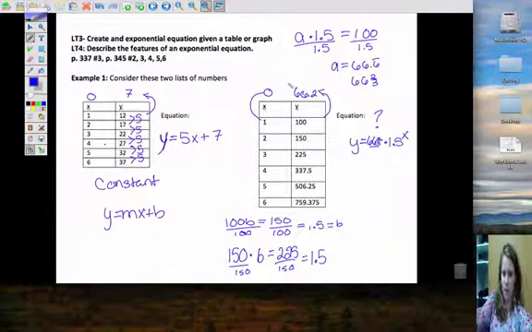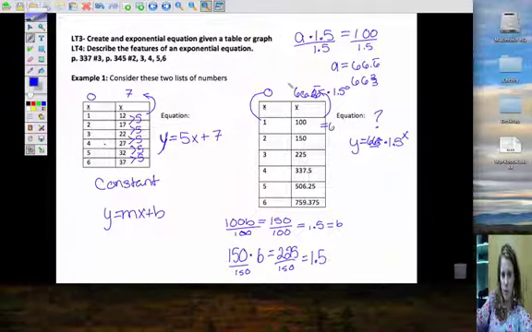what is actually happening here is this would be 66.6 repeating times 1.5 to the 0th power, because anything to the 0th power is just 1, and that equals 66 2/3.